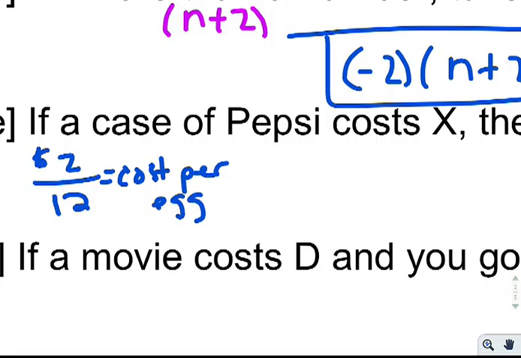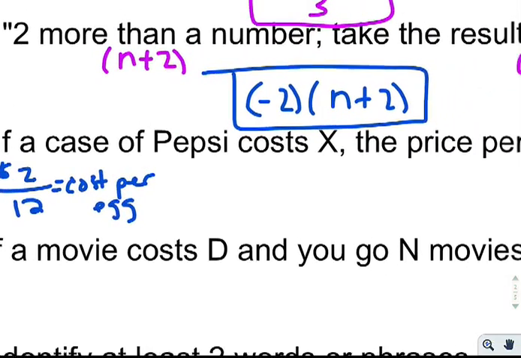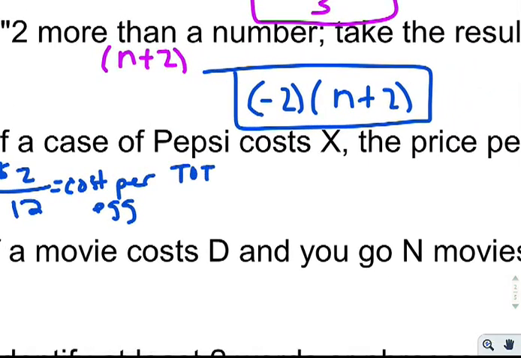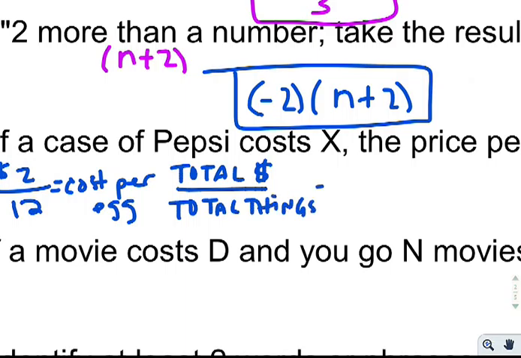If I say you bought a 3 pack of socks and it cost you $6, how much does each sock cost? Well, that's going to be $6 total cost divided by total amount. So if you want the cost per, we're going to take total cost, money, over total things, and that should be the cost per thing.